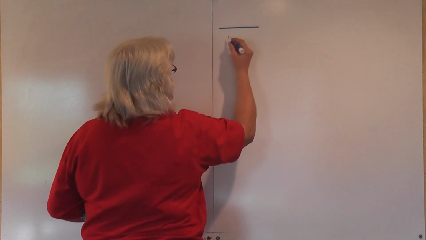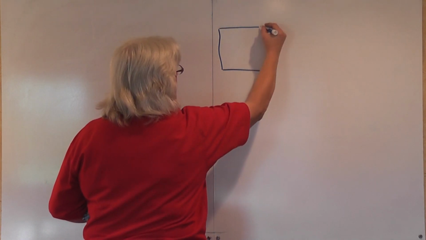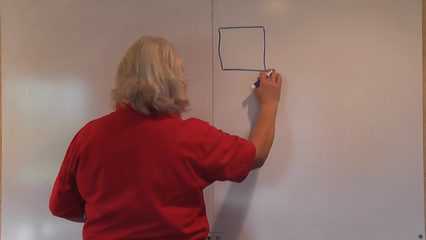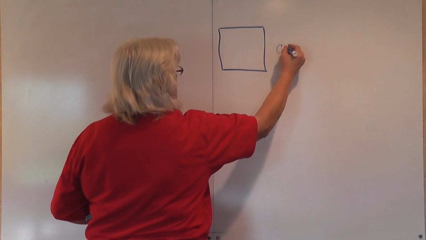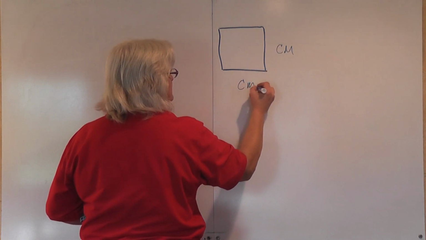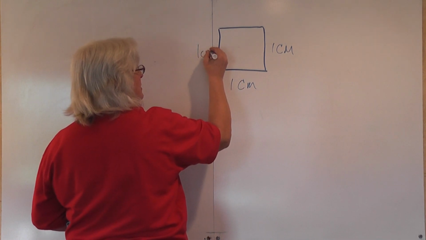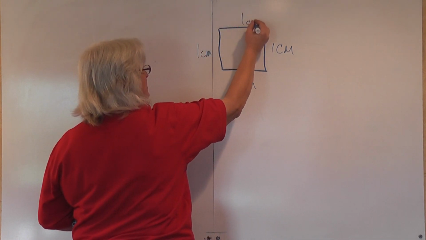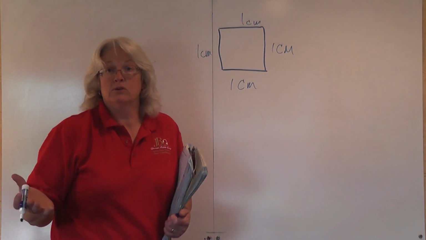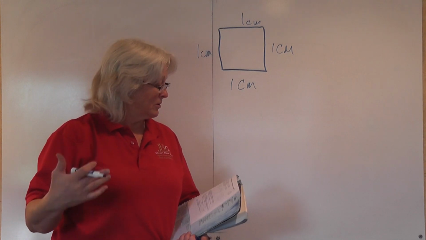So if I have this little square here, and we take the measurement, this is a centimeter on each side. It's 1 centimeter, 1 centimeter, 1 centimeter, and 1 centimeter. You could just as easily use dimensions of an inch or a foot or a yard or a mile.